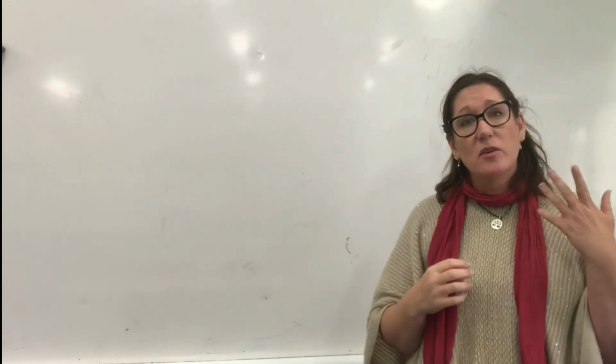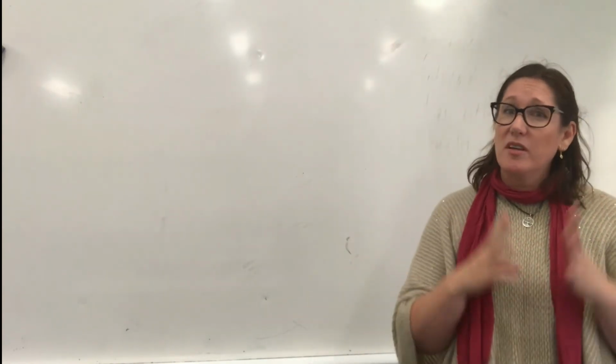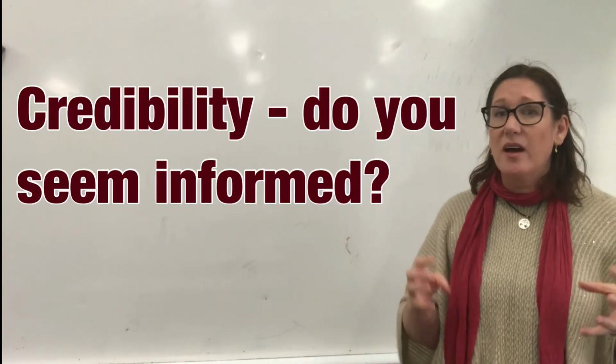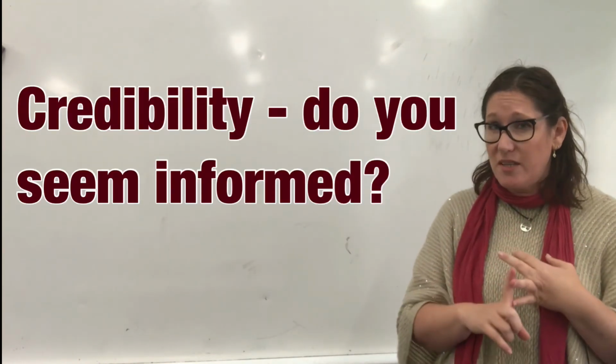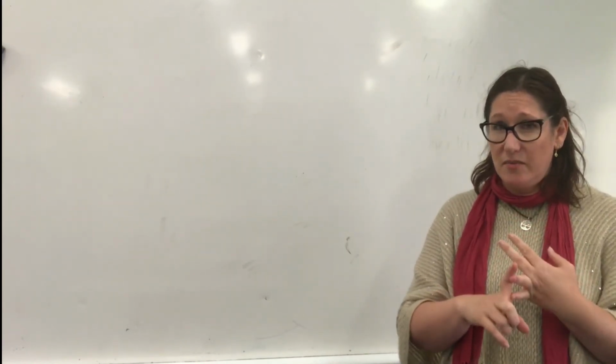Now obviously what the question is going to make the difference about how you use that. But remember that credibility is a large part of persuasive and interpretive texts. So you do need to have information prepared to use.